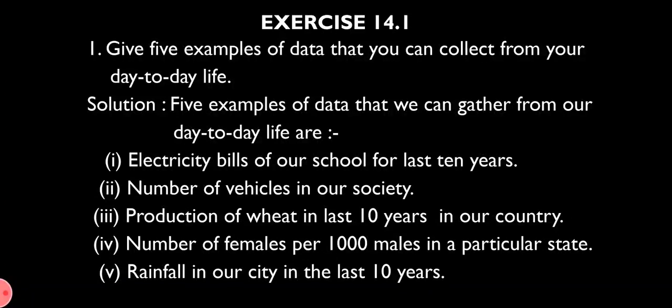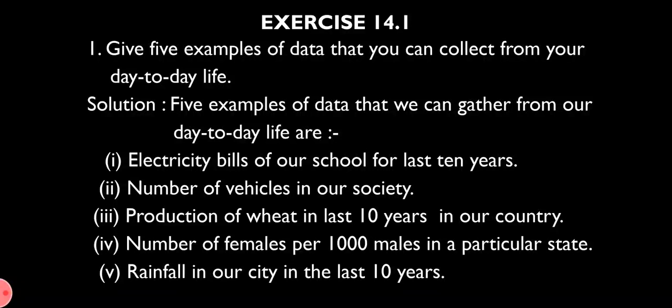Number 3, production of wheat in the last 10 years in our country. Yes, now this is secondary data because the information of how much was the production of wheat in the last 10 years is already stored in a respective source. So we only have to go and collect the information from the source. So it is secondary data.